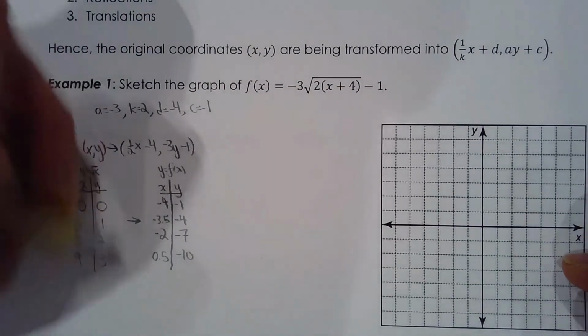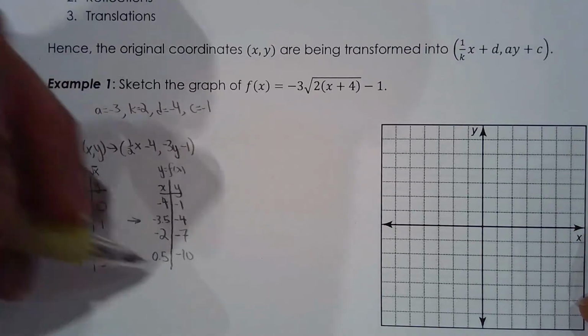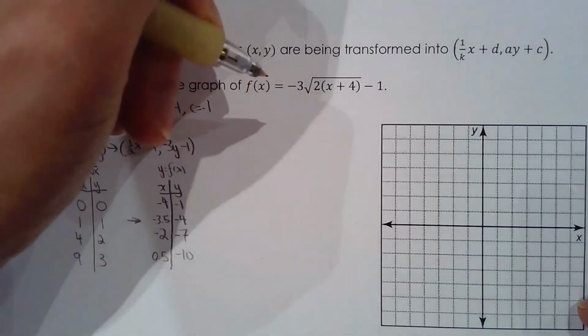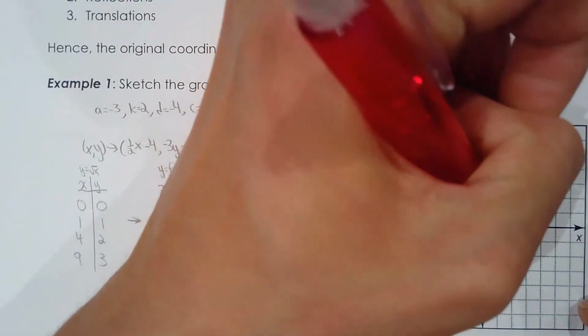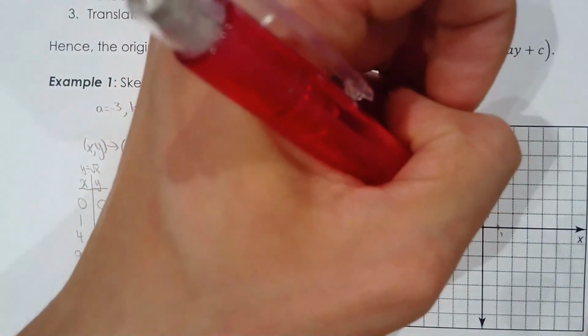Okay, let me look at the numbers here. I'm going to scale it. I don't think I'm going to plot this point. I'm going to scale 1, 1. Yeah, let's do 1, 1. Okay. So -1, -4.